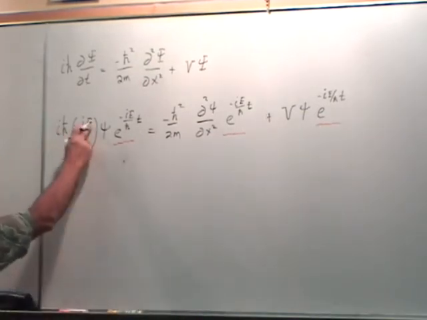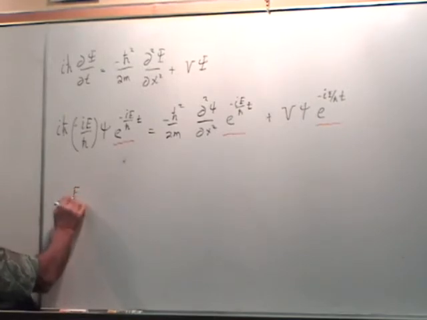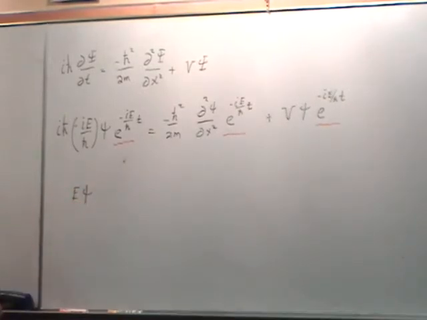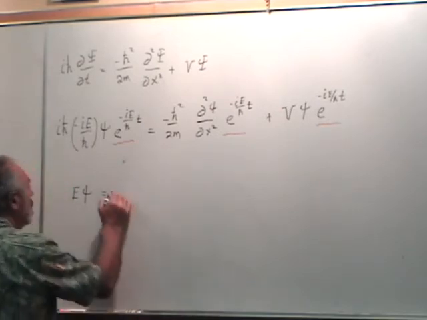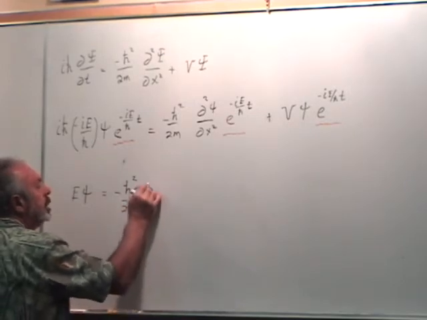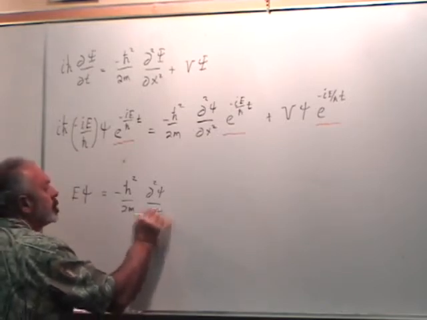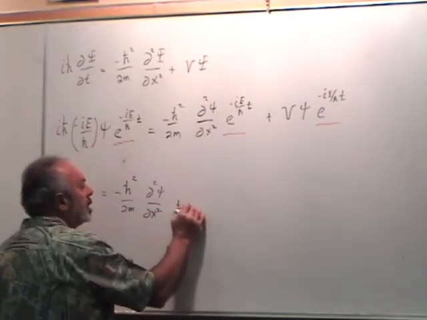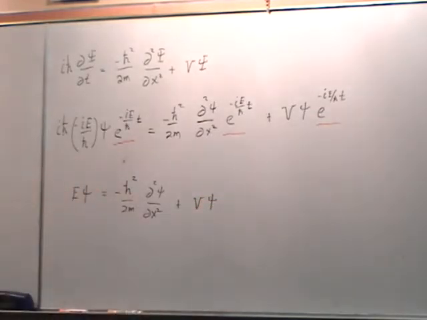We have ħ E over ħ psi, so it's just E psi equals minus ħ squared over 2m d squared psi dx squared plus V psi. And all of a sudden, the time dependence is gone.